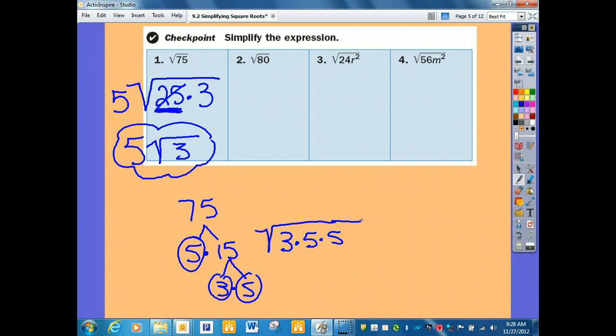When I have it all broken down, do I have any doubles? What are the doubles? The 5s. So what do I bring out? 5 or 25? 5. When you have doubles, you just cross out doubles, bring it up. Because 5 times 5 is 25. The square root is 5. And you end up with 5 times the square root of 3. Exactly the same as what we got right here.